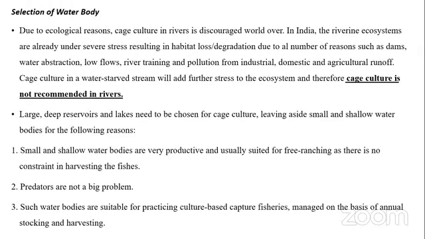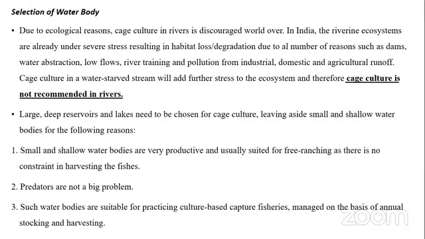Riverine ecosystems are already under severe stress, from habitat loss and degradation due to quite a large number of reasons: construction of dams, obstruction, low flow, river training, pollution, and domestic and agricultural runoff, etc.